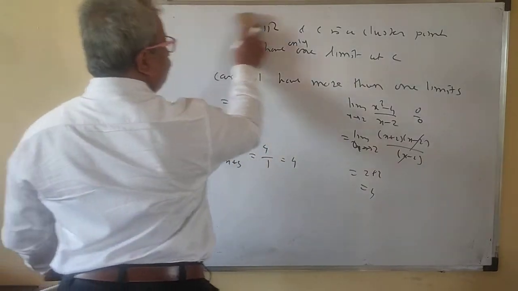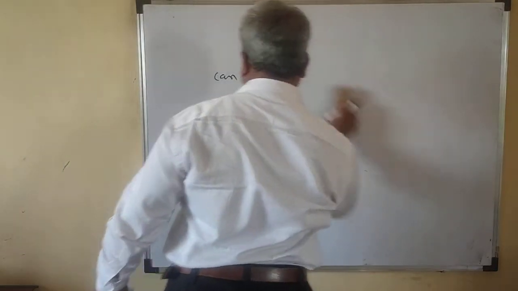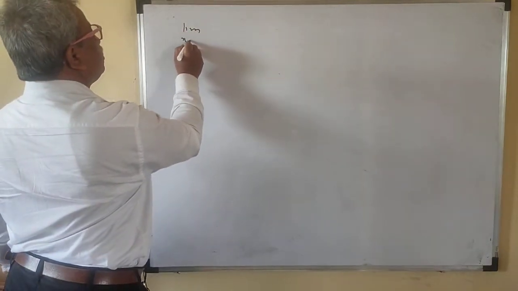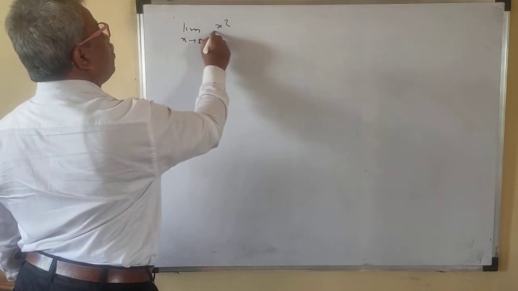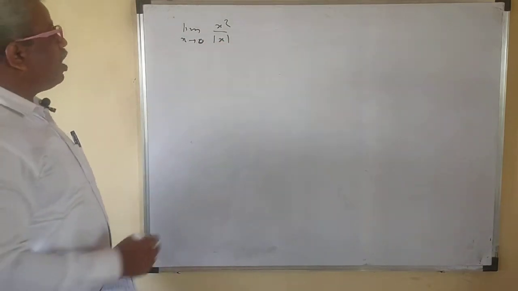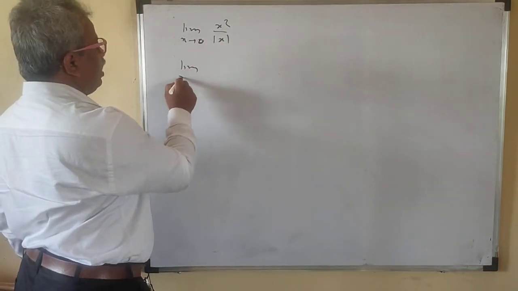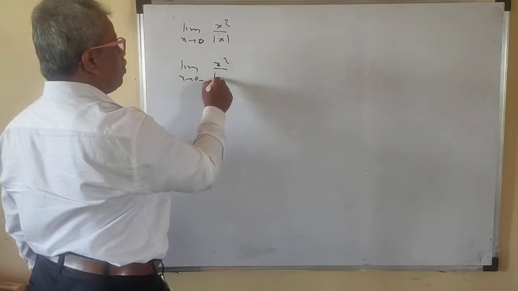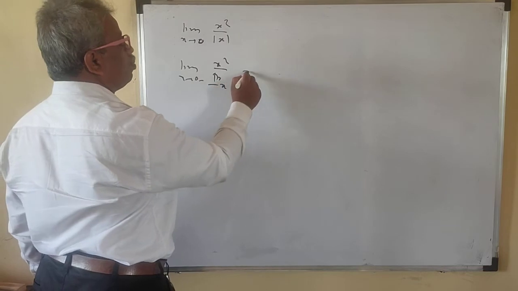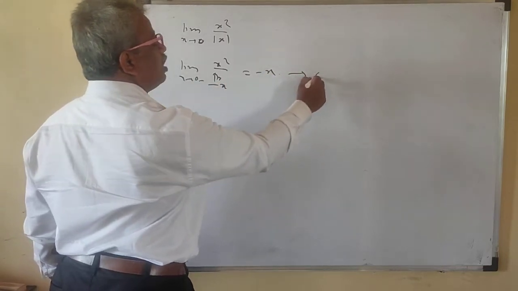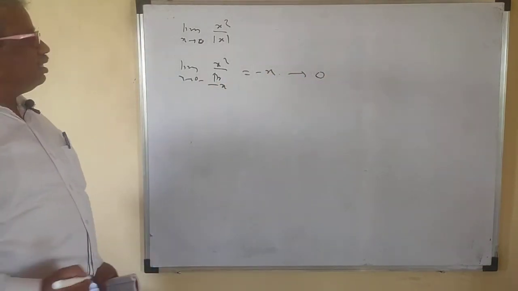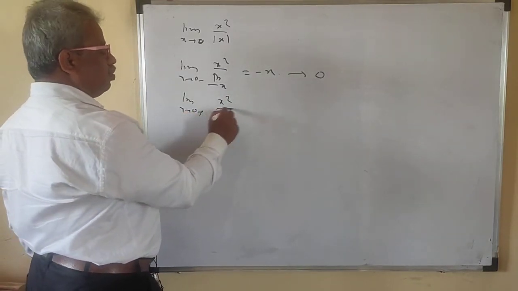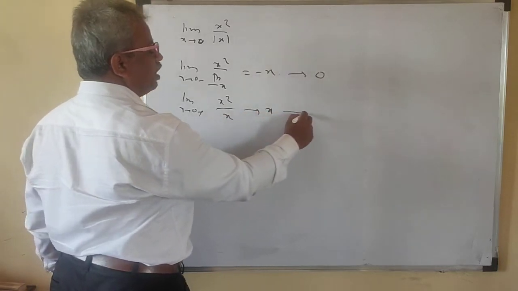Now suppose mod x is there, the limit as x tends to 0 of x square upon mod x. What happens for mod x? For the limit as x tends to 0 minus, x is negative, so this is x square upon minus x, which gives minus x, and this tends to 0.